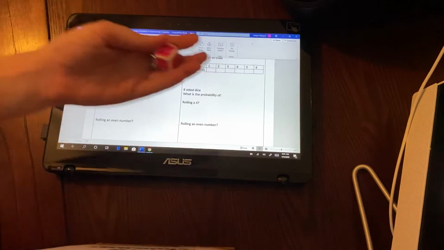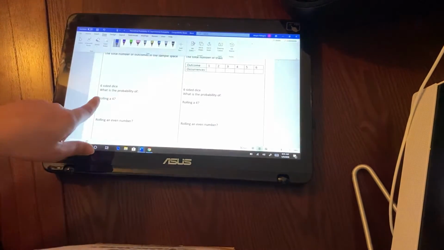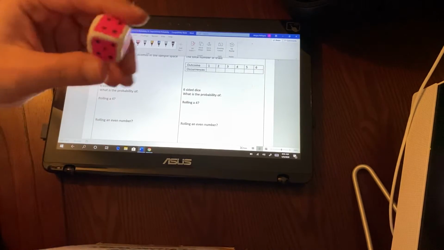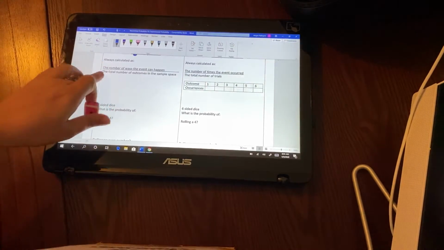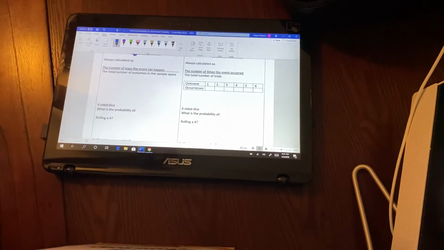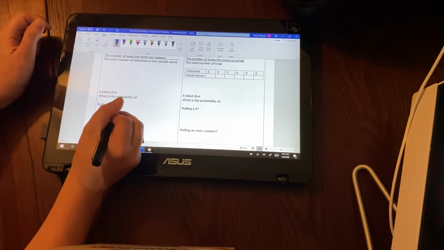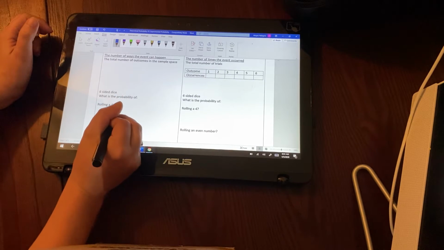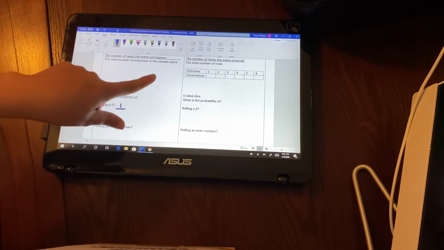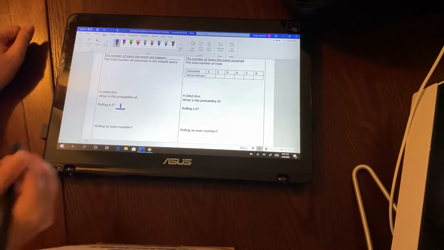Okay. So here's our 6-sided die. What is the probability of rolling a 4? Well, there is 1 4, the number of ways the event can happen. So there's only 1 out of the total number of outcomes in this space.